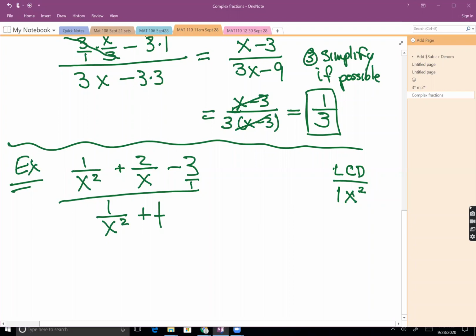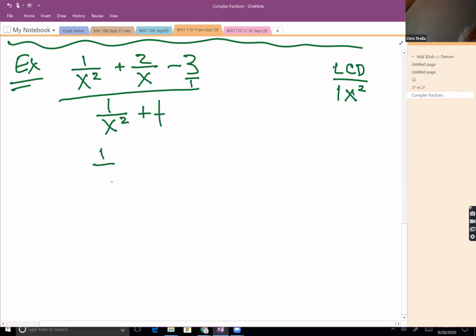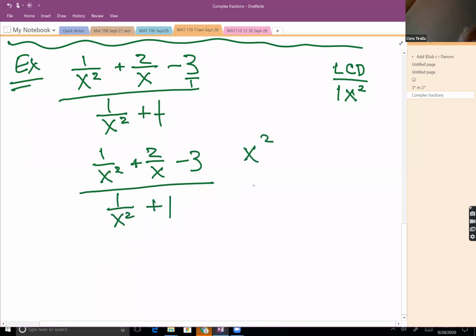Yep. So now we're going to take the numerator, 1 over x squared plus 2 over x minus 3, and the denominator, 1 over x squared plus 1, and multiply both the numerator and the denominator by x squared.